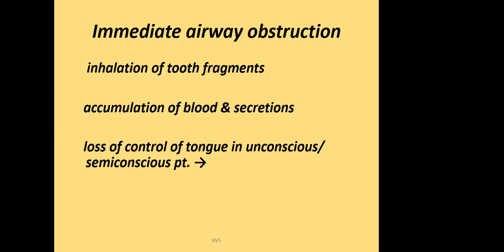Whenever there's blood in the mouth, it increases the secretion of saliva and mucus, and all this can compromise the airways. When the patient is semi-conscious or unconscious, one key thing is usually the failure to control their tongue, and this can obstruct the airways. I think you already know about that.